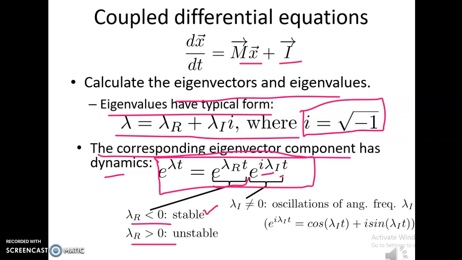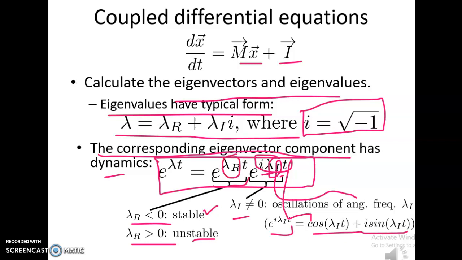If lambda_r is greater than 0, it is unstable. If lambda_i is not equal to 0, it means oscillations of angular frequency lambda_i, e power i lambda_i t equal to cos lambda_i t plus i sin lambda_i t.